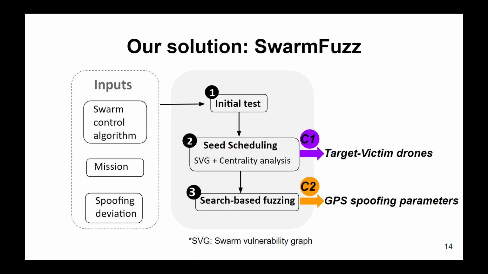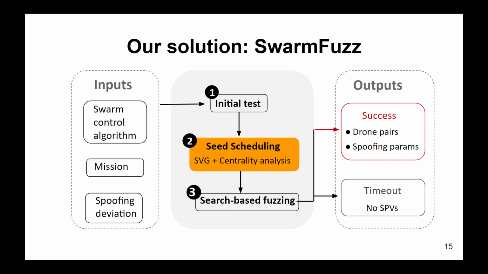The most influential drone pairs are prioritized during the fuzzing to discover the vulnerabilities more efficiently. We call this step C-scheduling. Second, to tackle challenge 2, that is, to find the GPS spoofing parameters, we apply search-based fuzzing to find the parameters that will cause collisions.